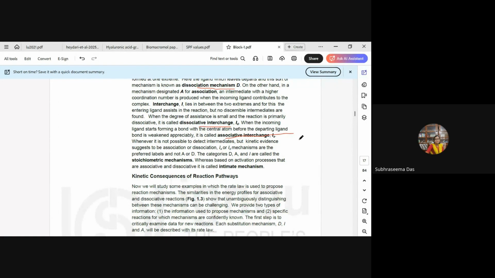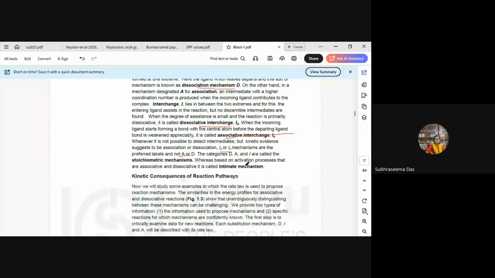Whether or not it is possible to detect the intermediates, kinetic evidence suggests that IA or ID are the preferred labels, and not capital A or capital D. The capital A and capital D represent the whole mechanism, and IA or ID are totally different mechanisms from A and D.